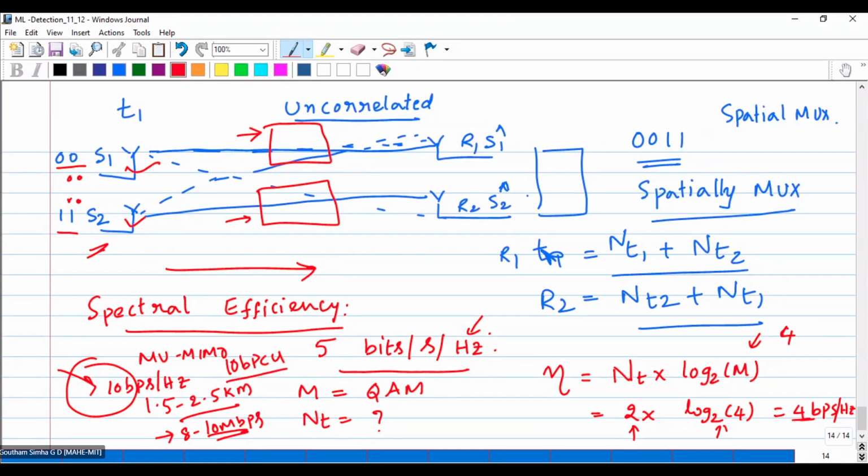What is the usage? 10 bits that have been transmitted. Interchangeably, you can use 10 bits per second per hertz or 10 BPCU. So if you are getting somewhere around 10 BPCU, it means approximately 8 to 10 Mbps data rate you can achieve. Now this is the first point. The first point has to be clear.